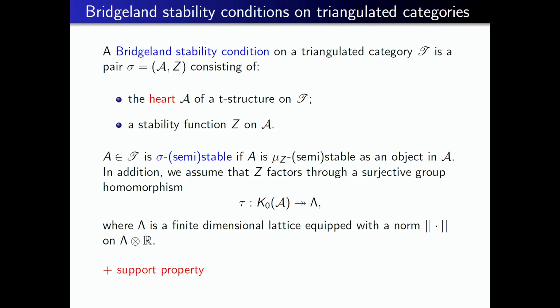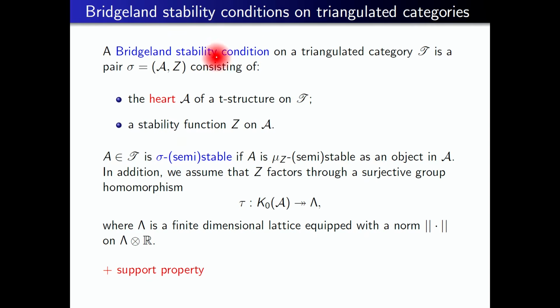But in the triangulated category, you have a bunch of abelian subcategories. And that's what I'm calling the heart of a t-structure. Again, never mind too much what that is, but it's some choice of abelian subcategory inside the triangulated category. Okay? That's what a heart is.